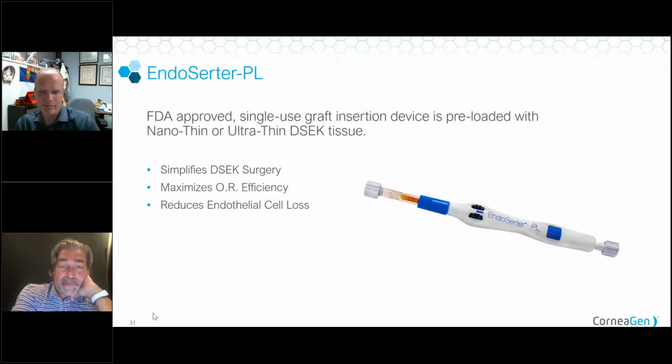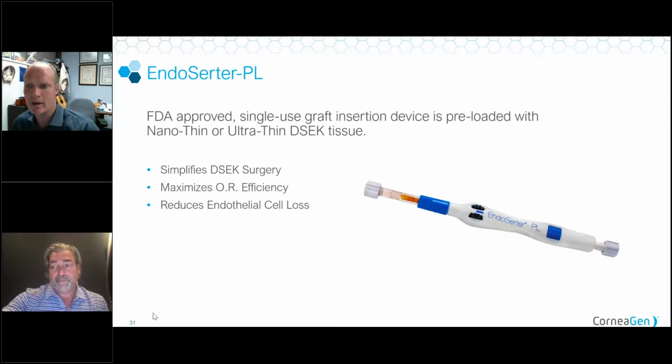Just piling on to what Keith said, the data really does show that the thinner tissue is better, and the thinner tissue with a lot of the injection methods is harder to handle. I like the Endoserter as a way to make nanothin tissue easy to handle.